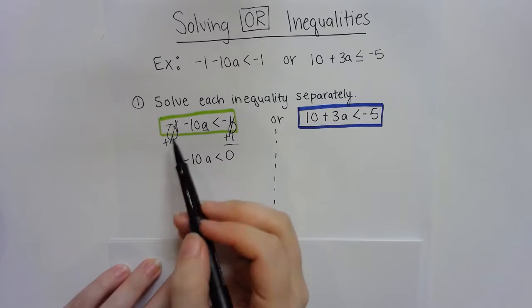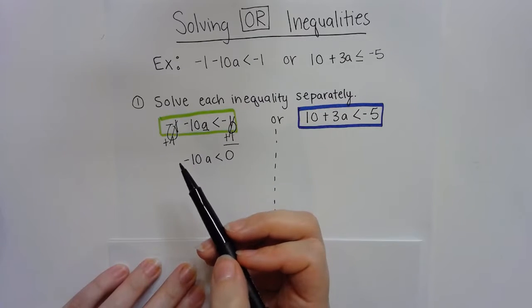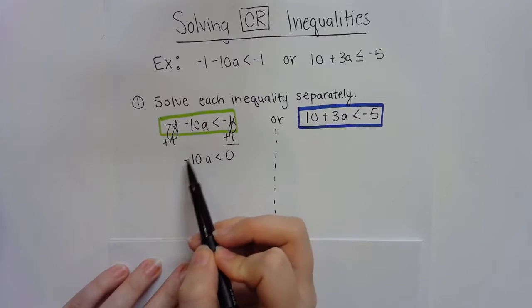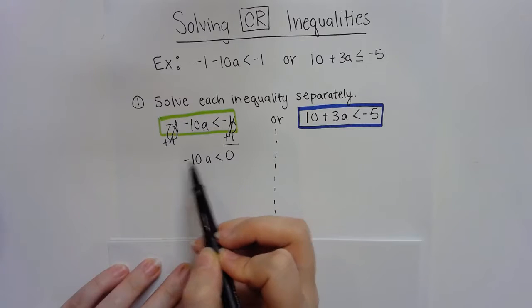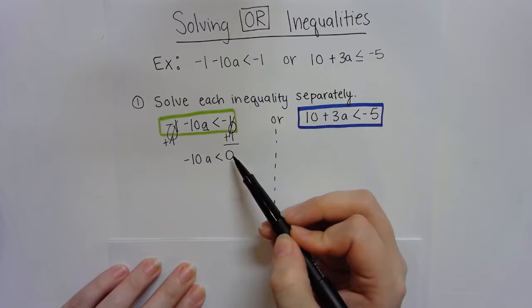The reason that we don't write it over here is because we don't need a 0 anymore, because 0 plus or minus anything is just this number, so there's no need for it. But we do need the 0 over here as a placeholder. It shows me that there's still another side of the inequality over here.